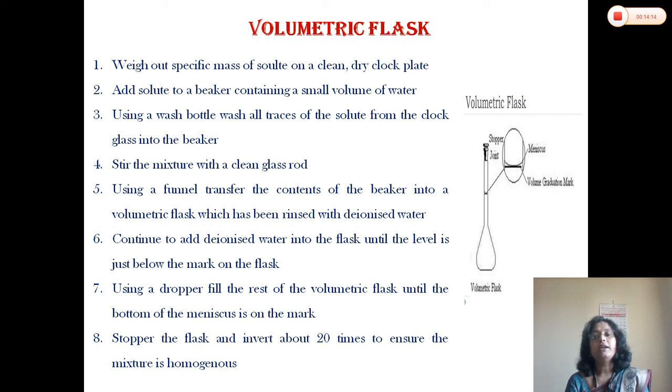You have to take a volumetric flask and wash it with deionized water. Then take an accurate weight of the solute and transfer it into a beaker and dissolve it in a little deionized water.